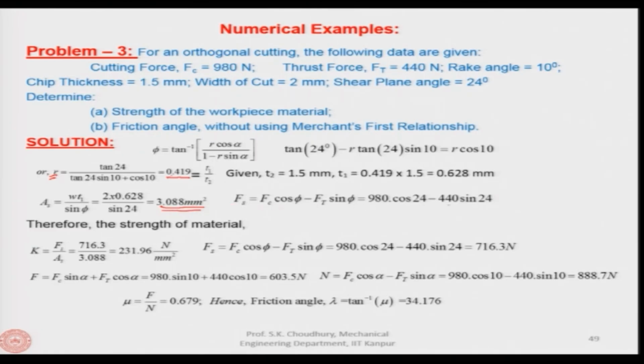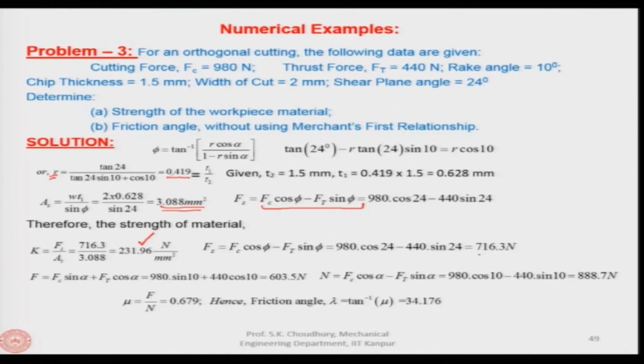And then the Fs can be written in this way. This is the formula taken from the Merchant's, and we have the values known, Fc, Ft, phi is known. Therefore, the strength of material will be Fs, force upon area, which is the strength, and we know the Fs, we know the As, we can find out the strength of material.